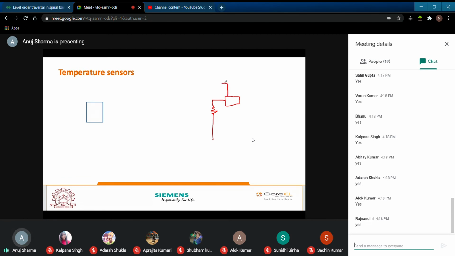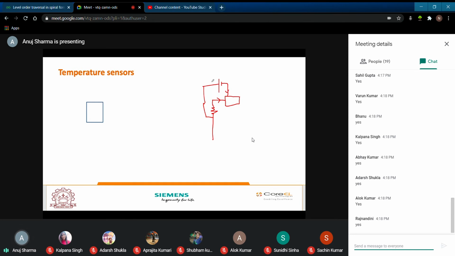A voltage supply will be given to the transmitter, which will be embedded with this kind of resistance that has been shown here. This circuit will be completed with this resistance.